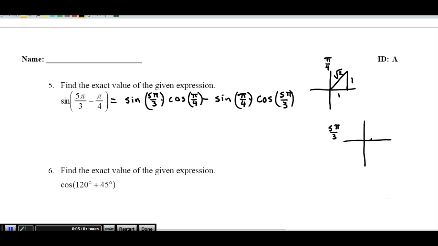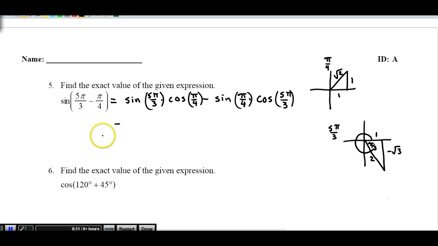And that's almost 2 pi, so I'm going to have pi over 3 here. This is pi over 3, so this is a 1, this is a negative root 3, and this is a 2. So I'm going to use these two triangles to find these values.